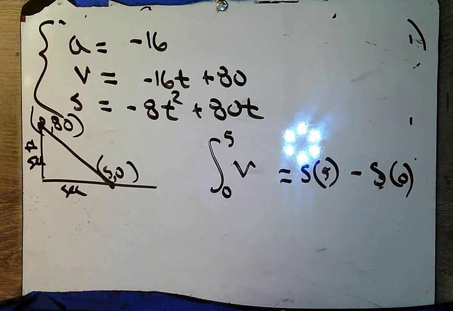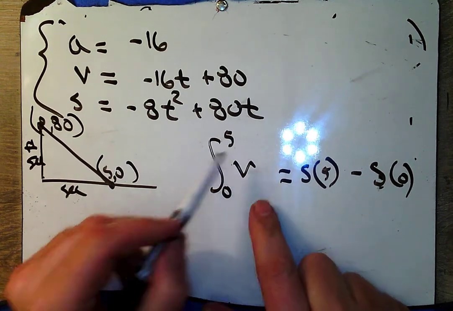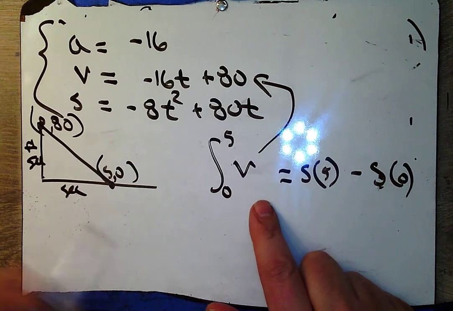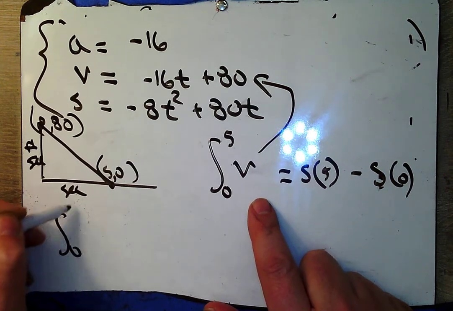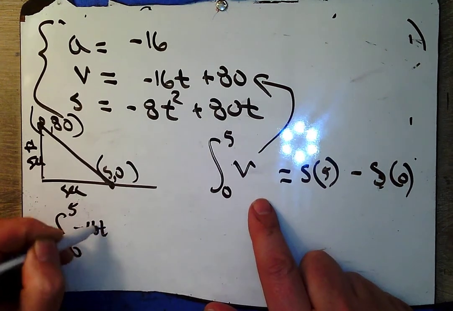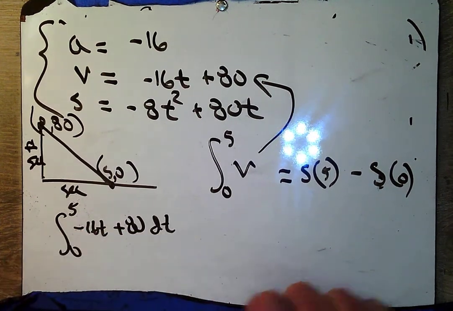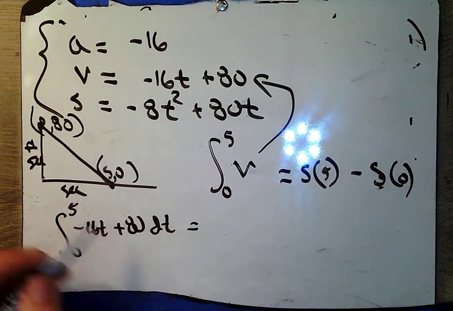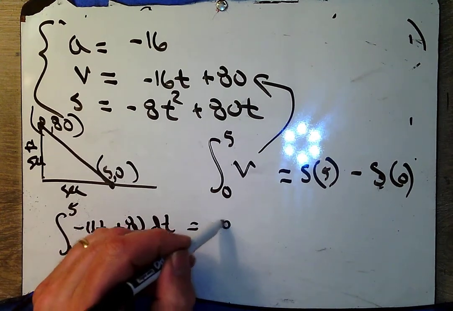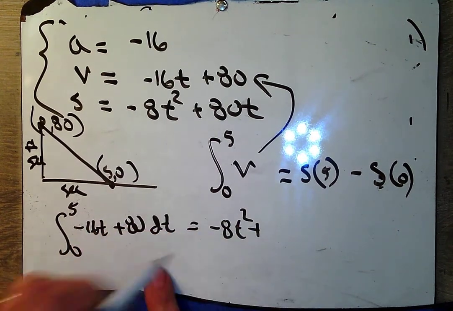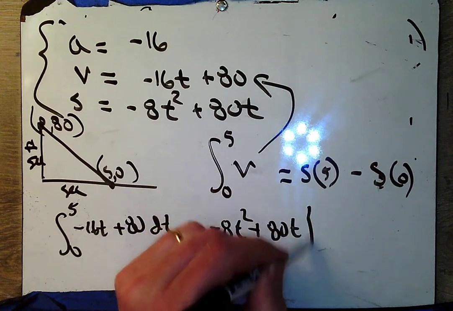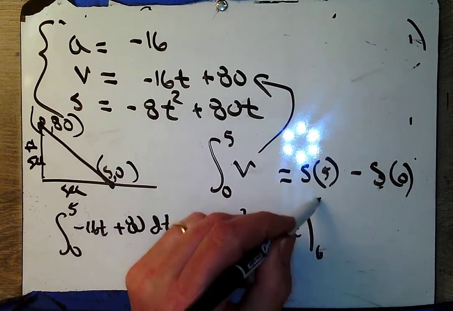Well, we've got a couple ways of doing this then, don't we? We could integrate that function. And what's that going to look like? It's going to look like the integral from 0 to 5 of negative 16t plus 80 dt. And I do the antiderivative there, and I'm going to have negative 8t squared plus 80t from 0 to 5.